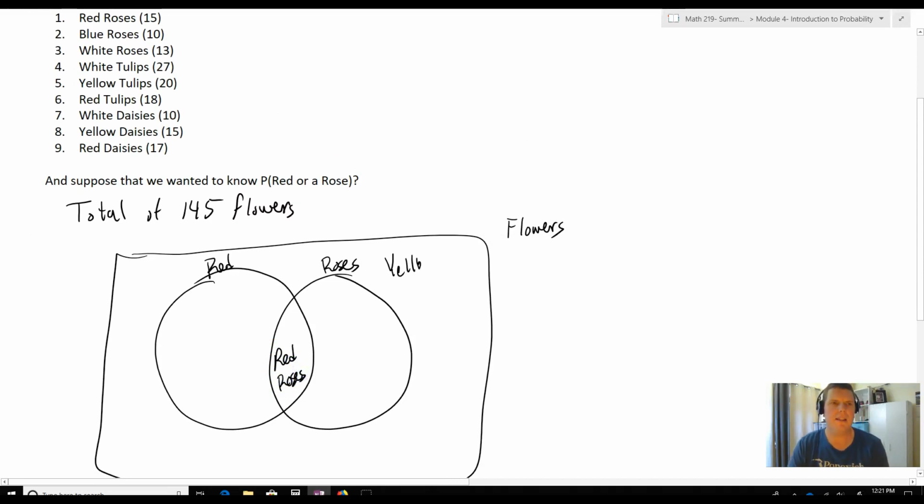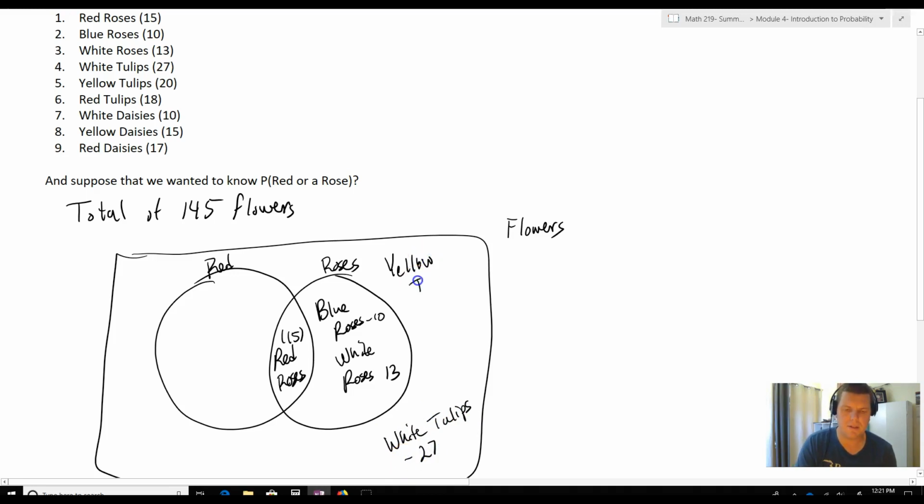Then we have blue roses. They'll go in the roses. By the way, there are 15 red roses. Blue roses, we've got 10 of those. White roses, we have 13 of them. Then we have white tulips. They're neither. We got 27 of those.